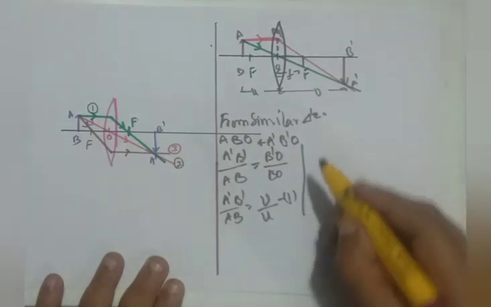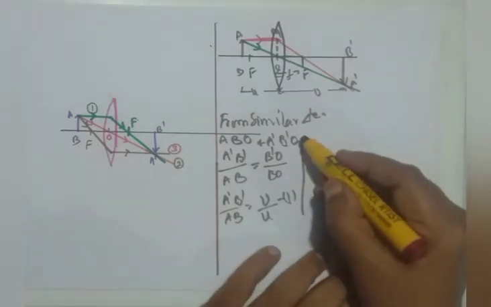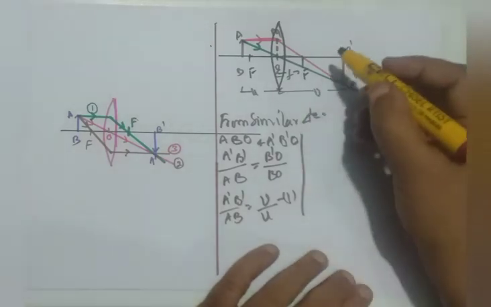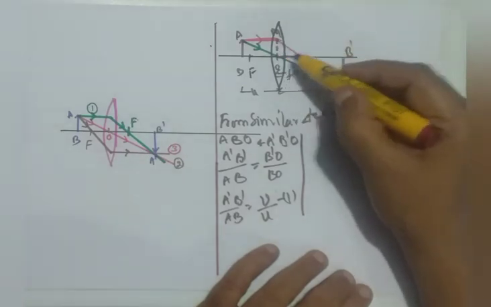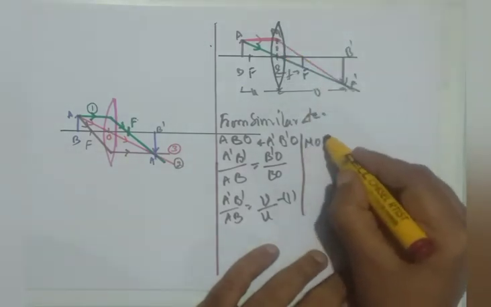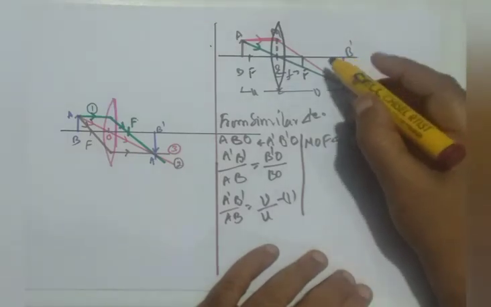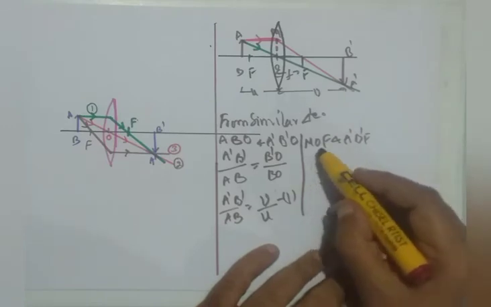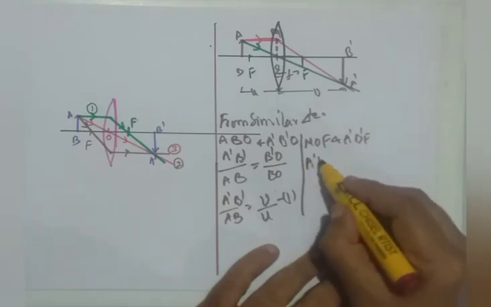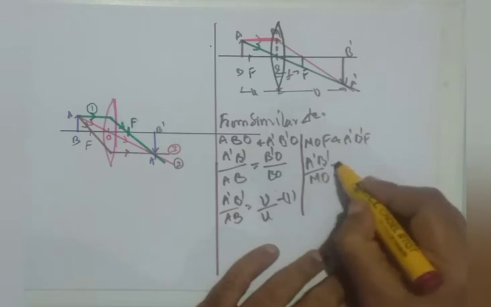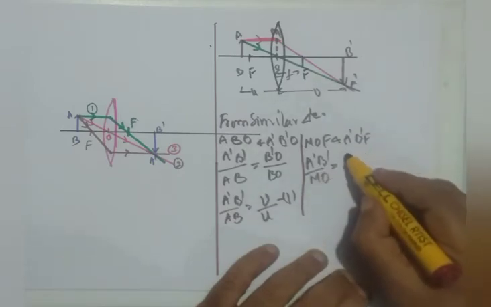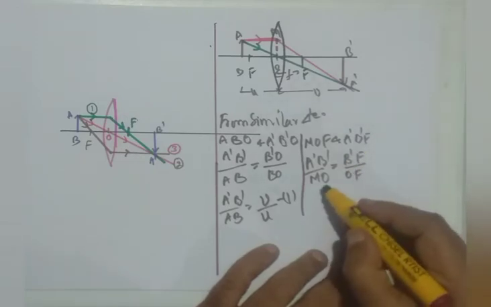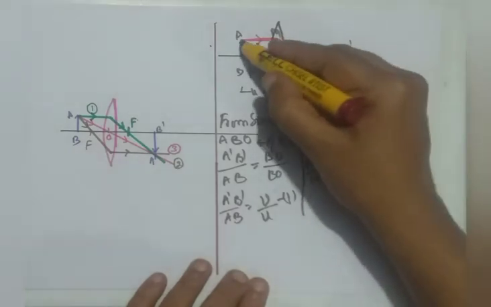Now we write another pair of similar triangles, that is MOF and A dash B dash F. We write A dash B dash by MO equals B dash F by OF, and we can write MO is equal to AB.